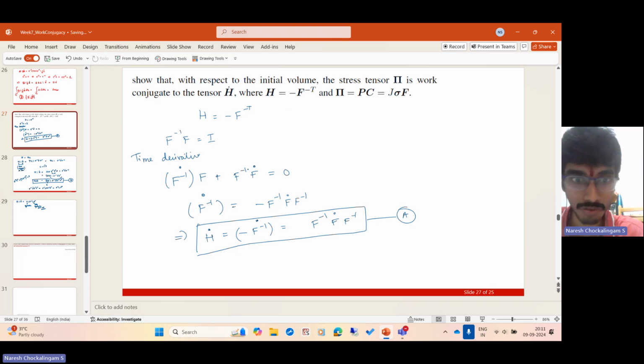Minus F inverse transpose. Okay, so here is a mistake. H is a transpose of this, so there should be a transpose here. This entire thing is transposed.